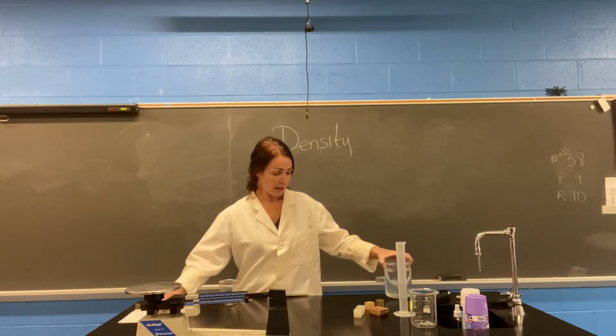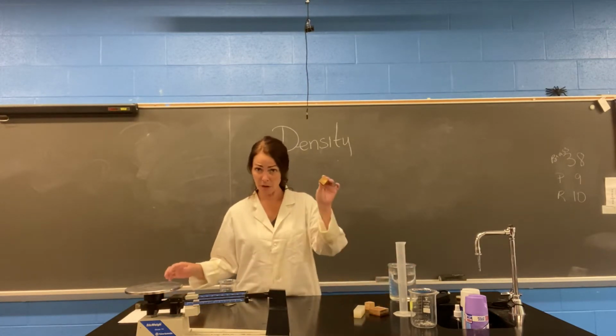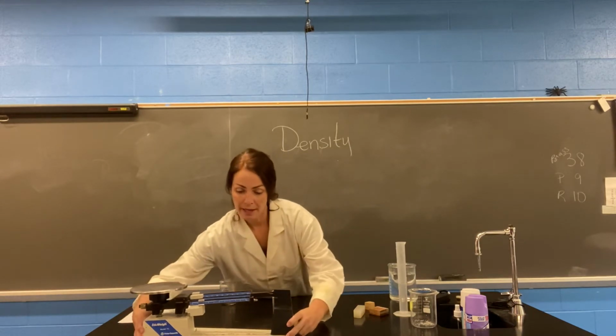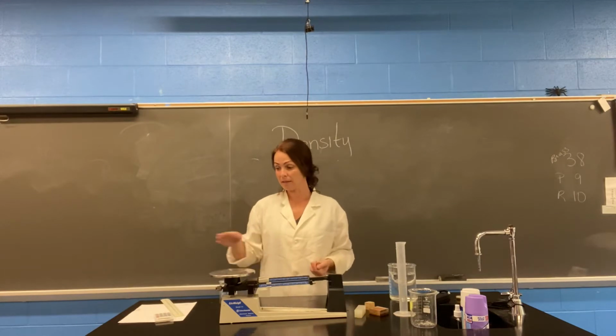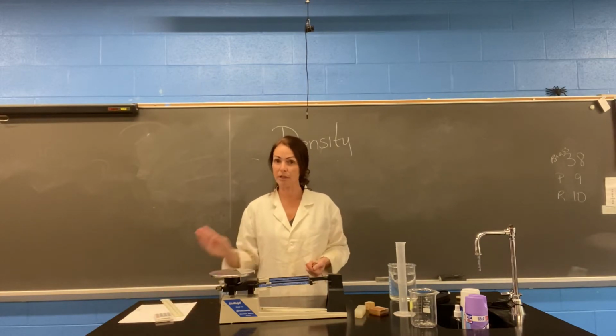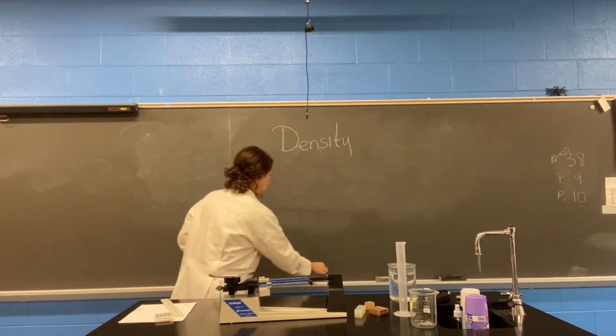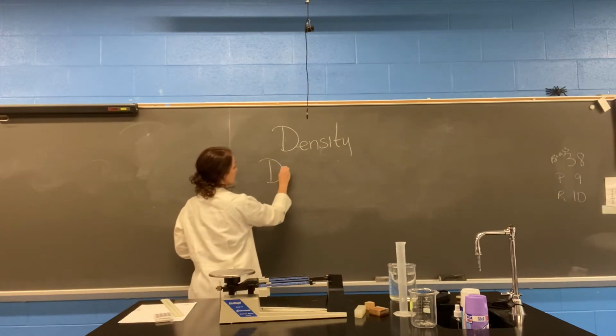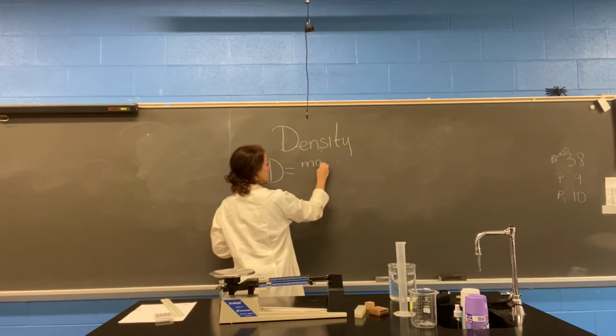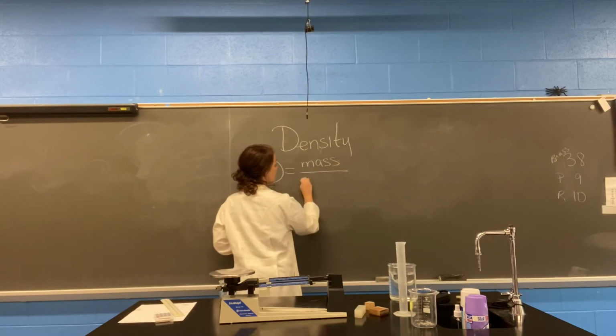So we have our brass block that we used in our last video, and we have our triple beam balance, and that's how we're going to find the mass, and then we're going to use our ruler to find the volume. But as a refresher, remember, density has a formula, and the density is mass divided by volume.